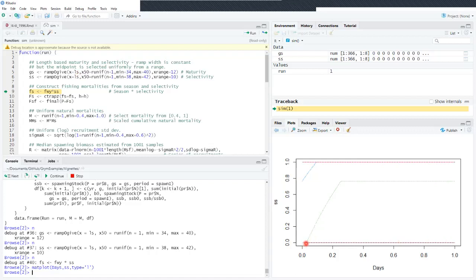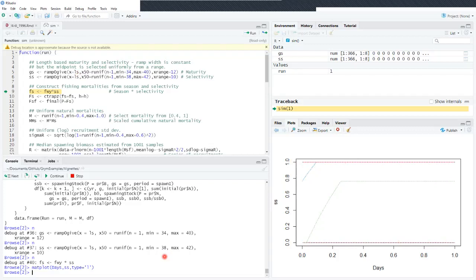There's one that sort of starts to be selected early in the year, never gets to fully selected because it never grows enough. Then there's the next age class up, starts, sort of is mostly selected, but by, I don't know, 20% of the way into the year, it's fully selected.